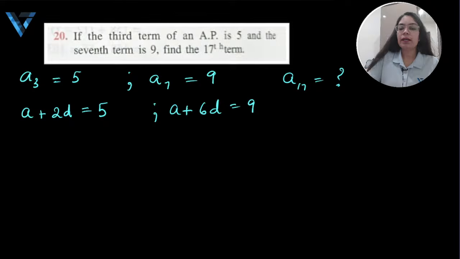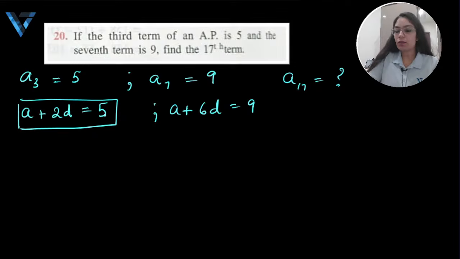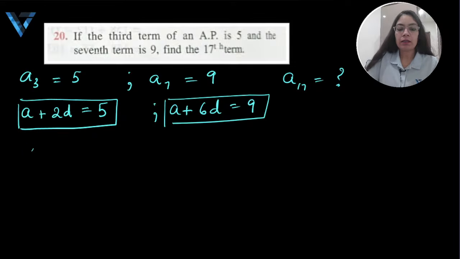So we can solve by subtracting these two equations. A plus 2D is equal to 5 and A plus 6D is equal to 9.